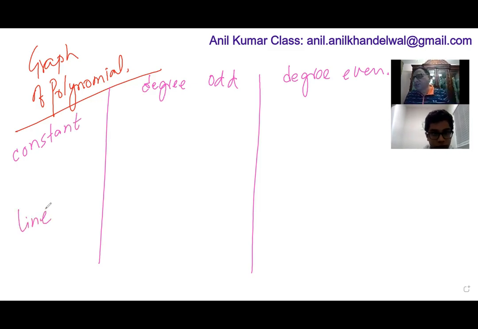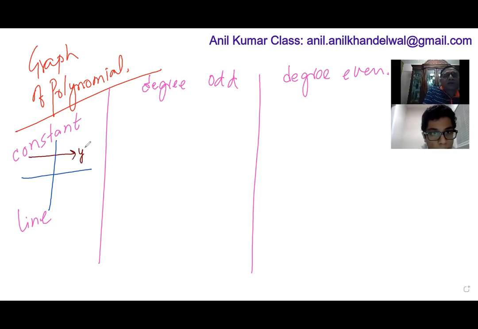But they are special cases because for a constant and for a line, we do not have a curved graph, right? A constant will give you a graph which does represent a polynomial. For example, if I have y equals 4, it will be this line, which is a straight line.